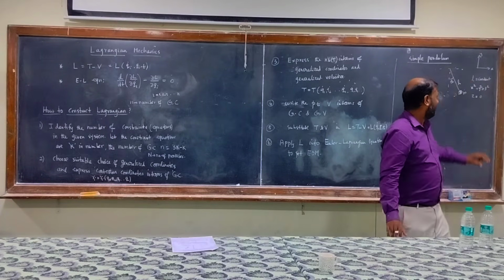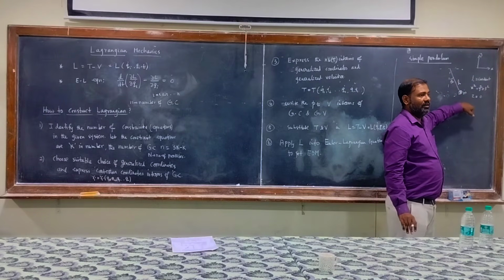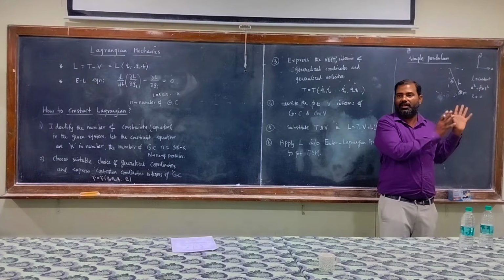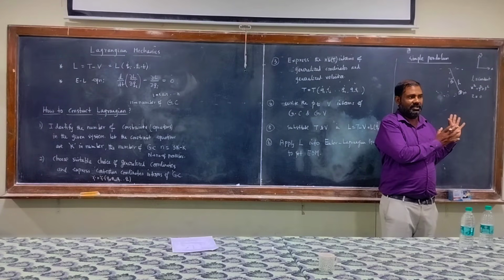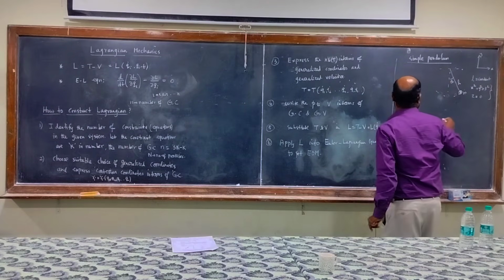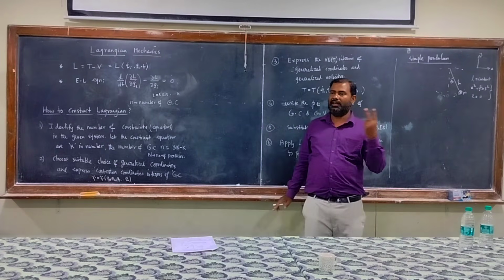So now I have two constraint equations. One is x square plus y square is equal to L square. The other is z is equal to 0. Any other constraint? I think I almost got all the constraints. So what is the k value here in this case? Here k is equal to 2 because I found two constraints.